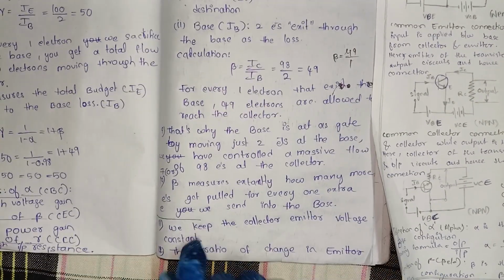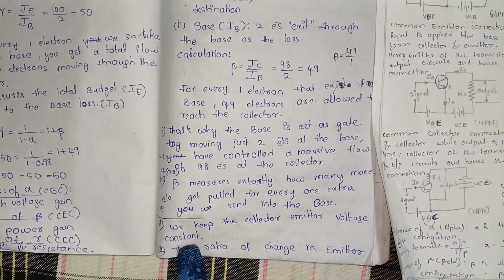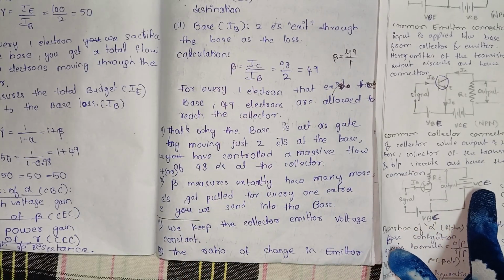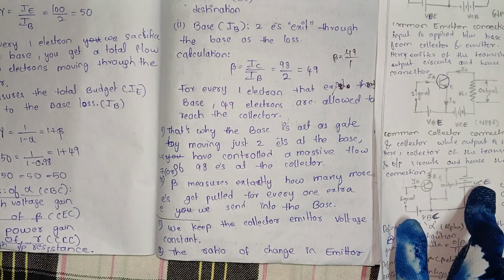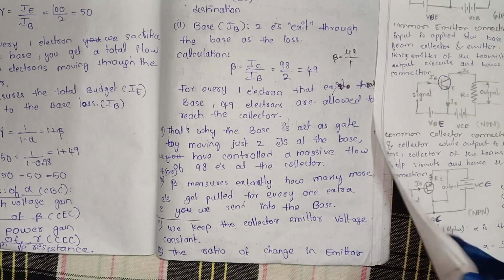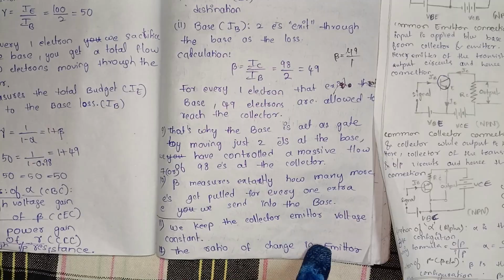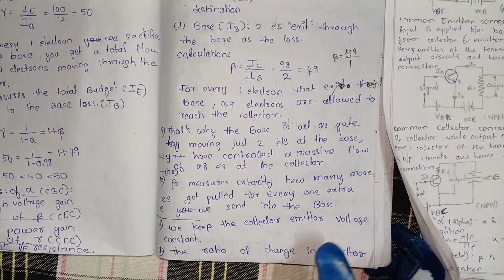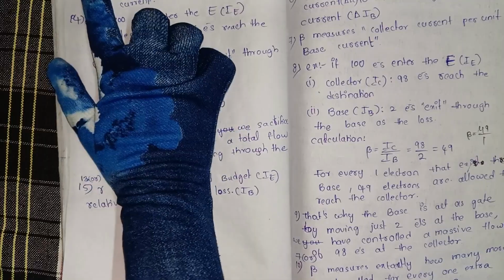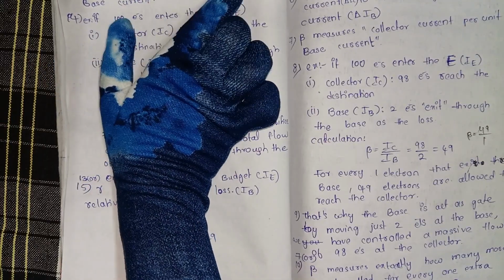So we keep the collector emitter voltage constant. Here this Vce is kept constant. It is the ratio of change in emitter current to change in base current.